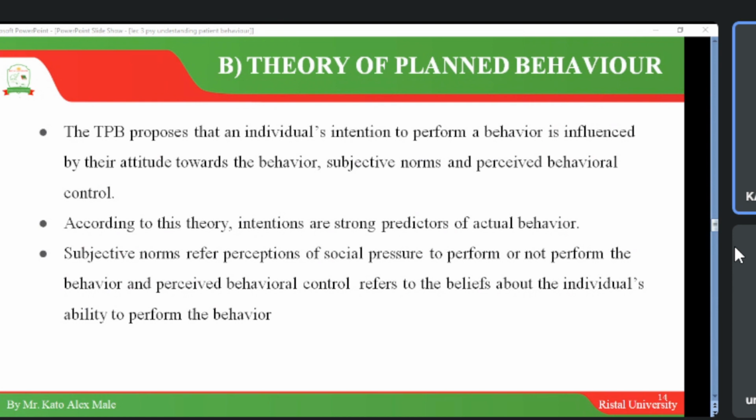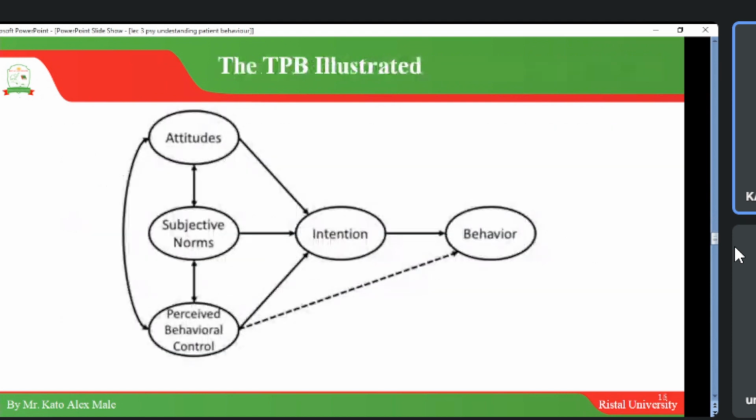And then going now to the systematic view of this theory of planned behavior, like I've illustrated here, it combines attitudes, subjective norms, and perceived behavioral control.